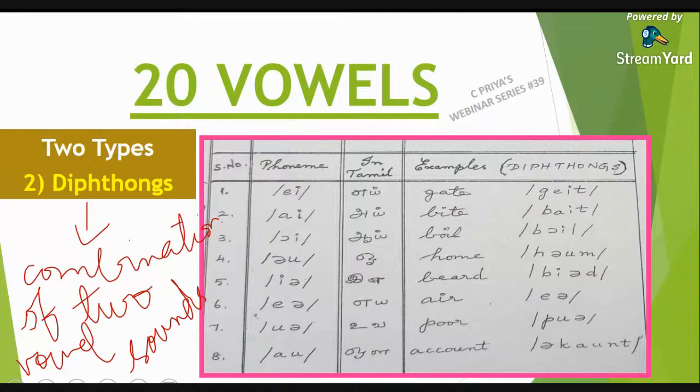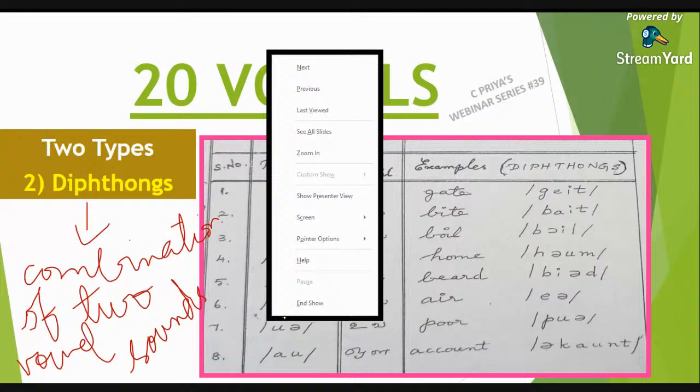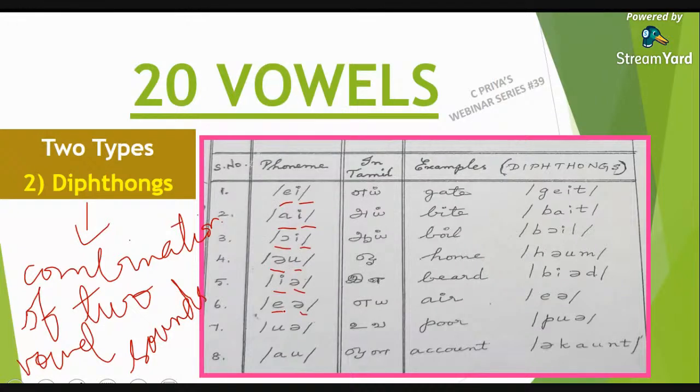Right? See, here we have 8 diphthongs. We have two vowel sounds: E and I, A and I, A and I, A and U, E and A, A and A, U and A and U.